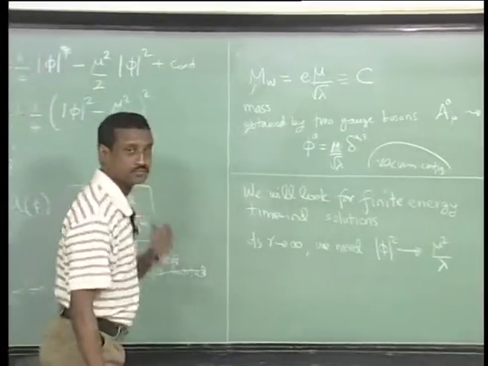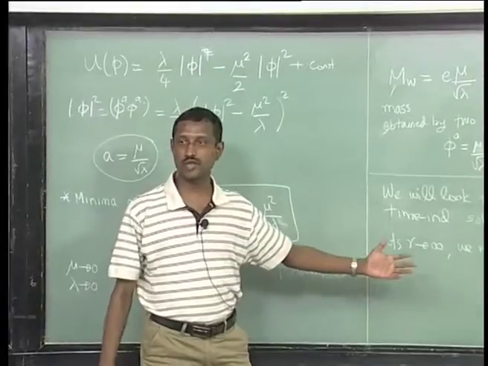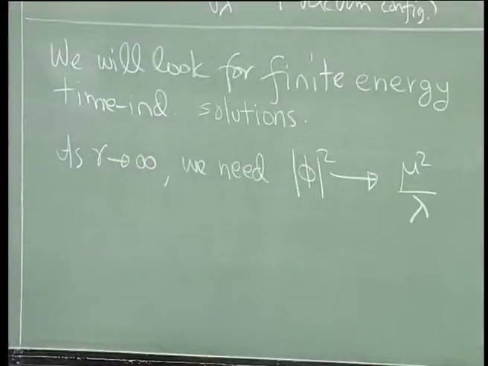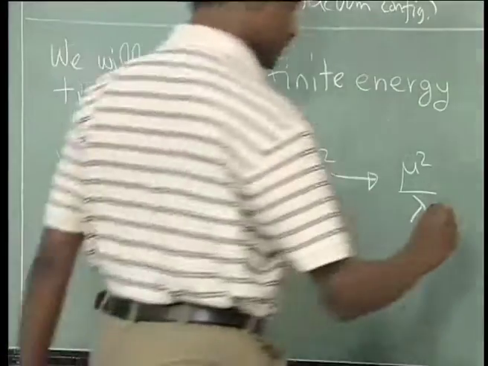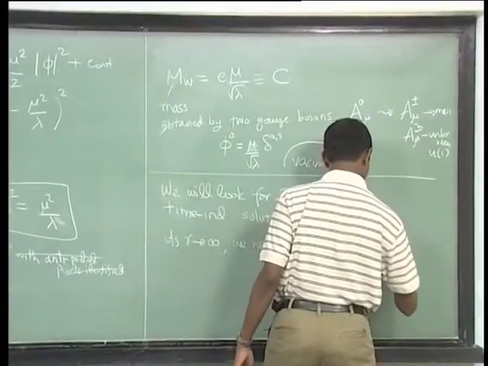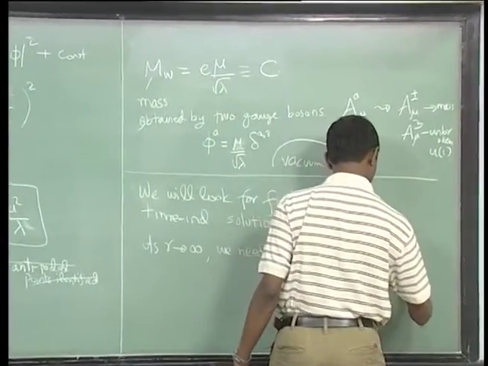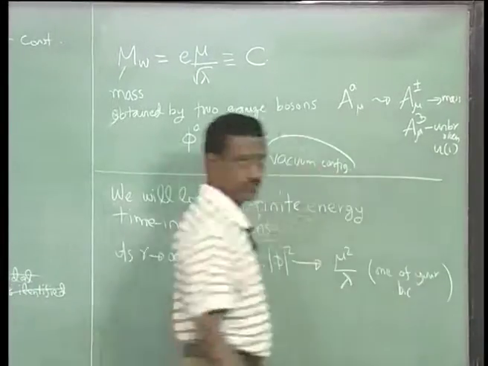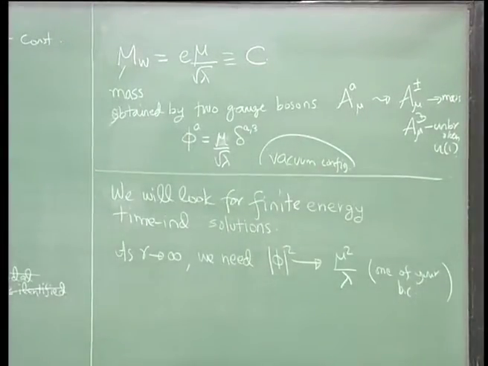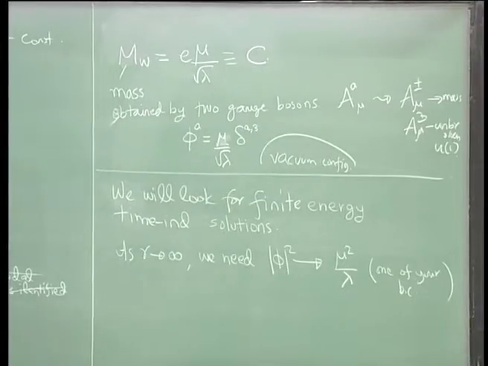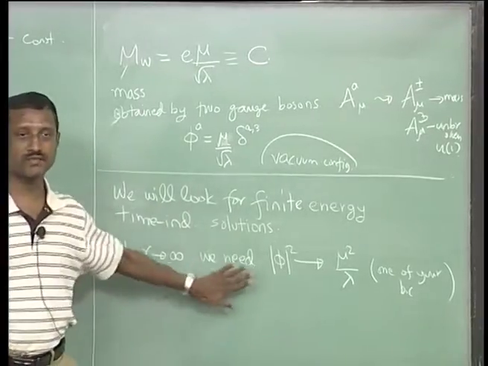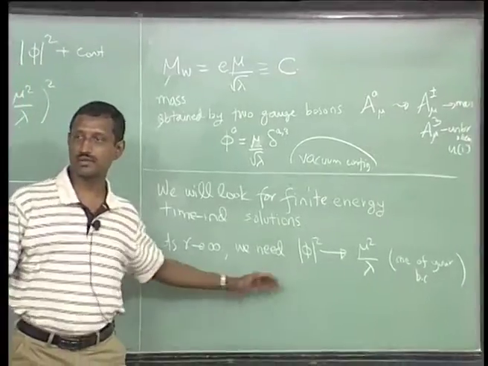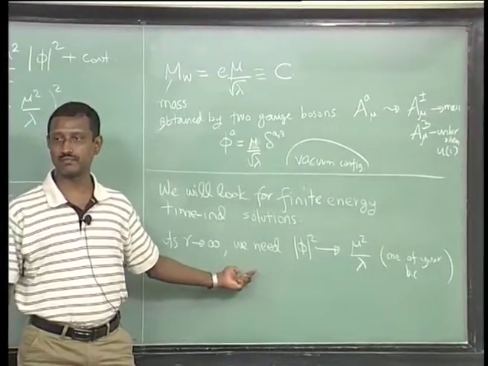Mu squared upon lambda. Okay, so this is what should happen. So this should be one of your boundary conditions. Okay, and there will be conditions on the gauge fields which I am not writing out for now, but this is definitely one of the conditions that you will have to put in.